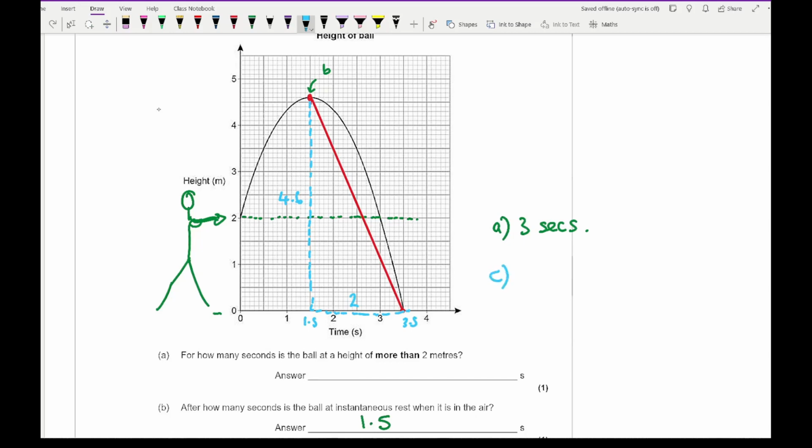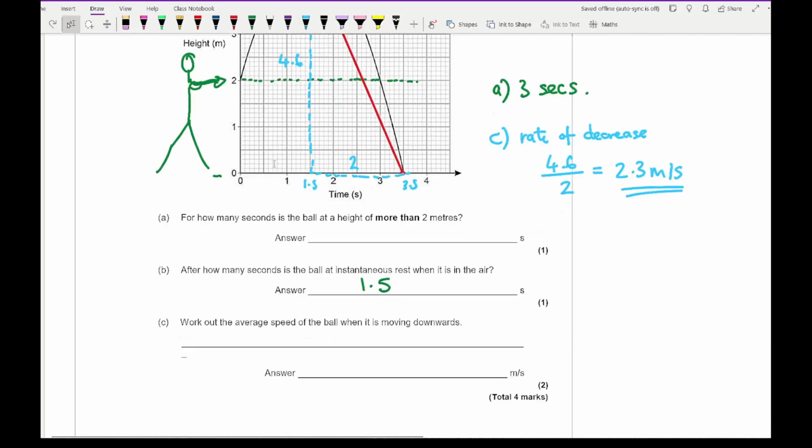So for C, the rate of decrease, or the rate of deceleration, is going to be 4.6, the height, divided by the base, which gives me 2.3. And the units of that is going to be meters per second. And again, the mark scheme allows any answers between 2.275 and 2.45.